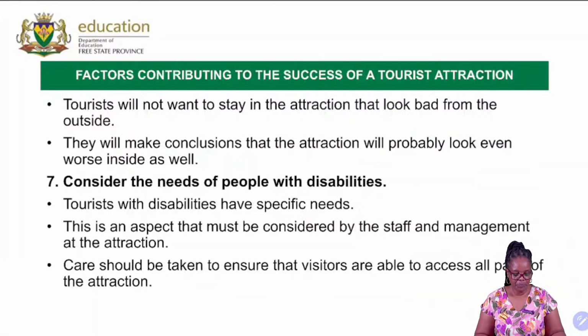Number 7, it says here, for an attraction to be considered to be successful, it must consider the needs of people with disabilities. Remember, there are people who have disabilities.